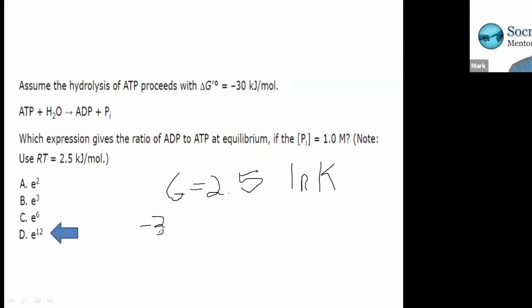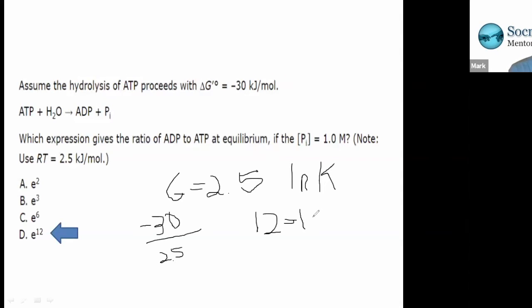We do negative 30 divided by 2.5. We get 12 equals ln K.